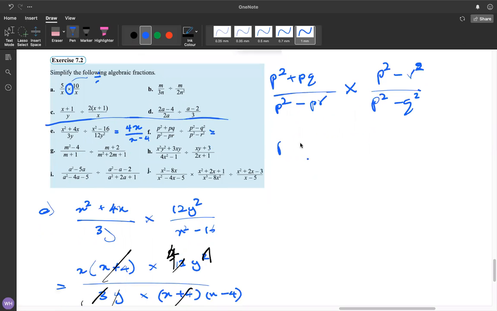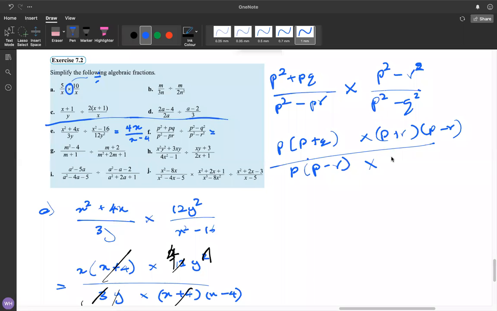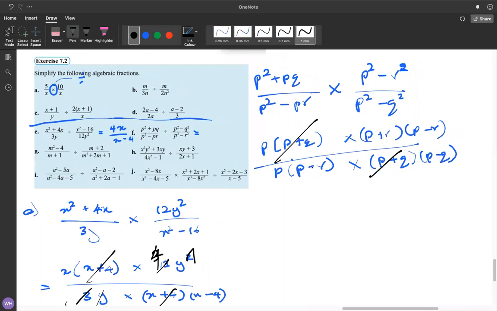First take P out of the bracket and then write P plus Q times P plus R. This can be written as P minus R, divided by P, take it out of the bracket, and P minus R will be remaining, and this is P plus Q and P minus Q. Now simplify the terms which are going to simplify. P to P gets cancelled, right? So Mandini, what is your answer? Have you got it? P plus R divided by P minus Q.